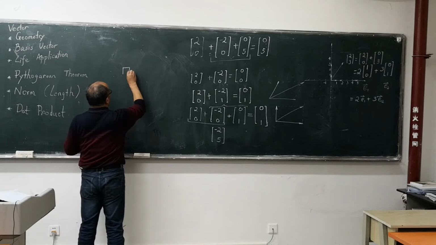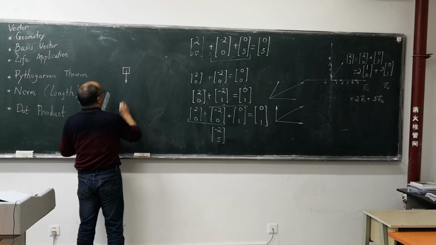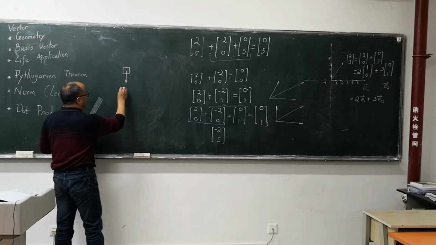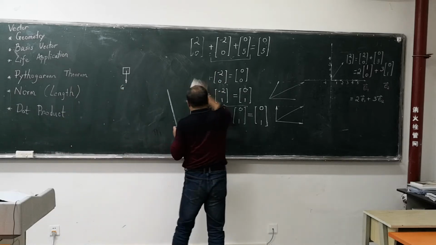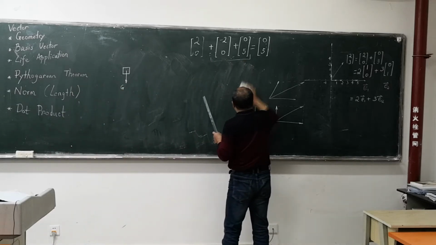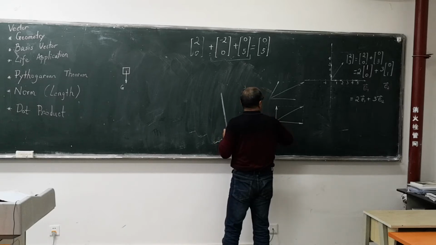Everything has a gravity. This one, a box, whatever, it has a gravity, which is a vector. Let me say it is 3 kilograms.